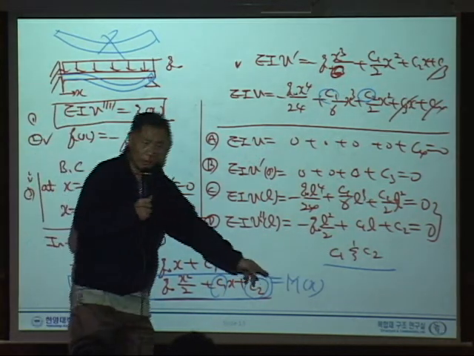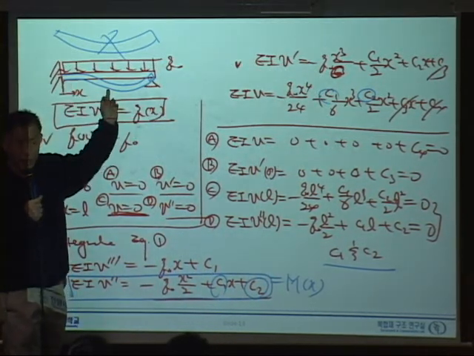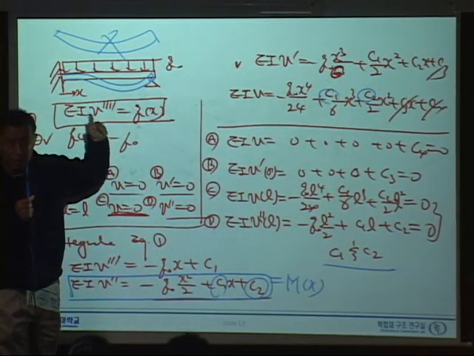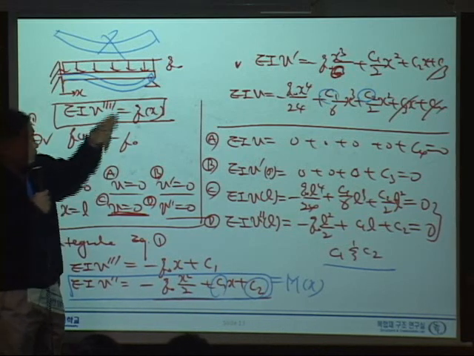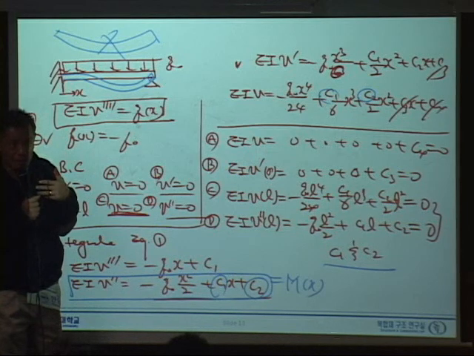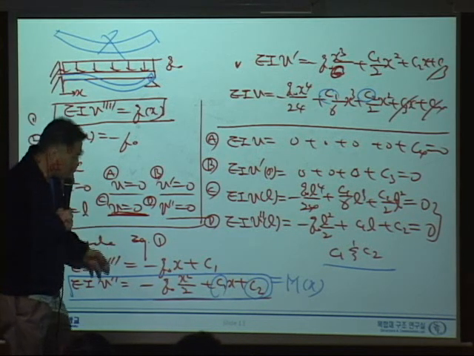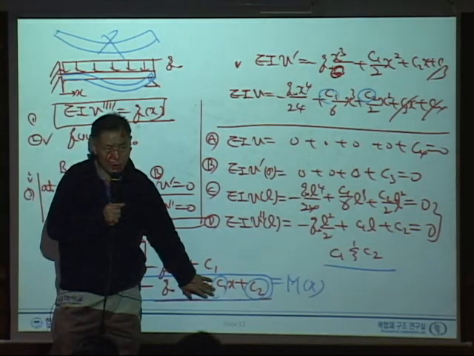The importance of moment distribution is that, can you tell us where the maximum moment is? Where? Can you tell? Not easy to tell. We don't know. It needs to be calculated from this equation.